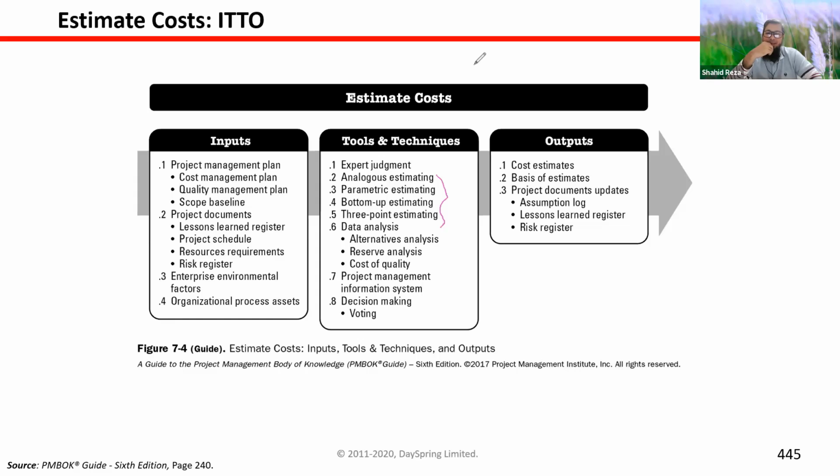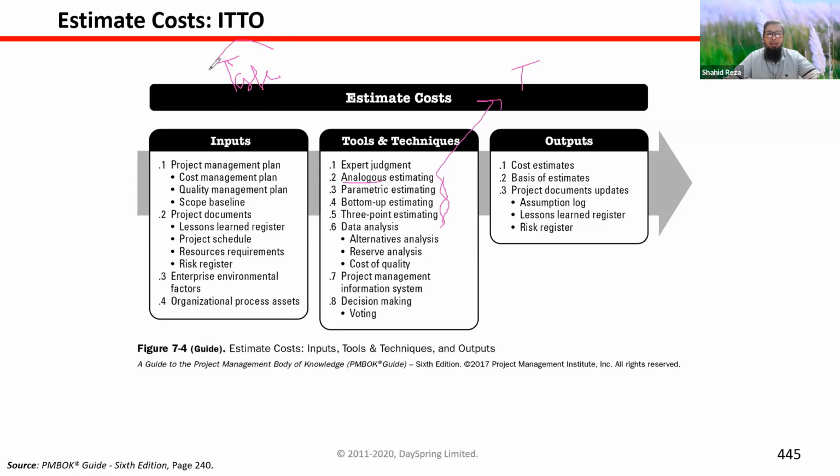So we explained in detail what analogous estimating is. We estimated in the schedule chapter, time. When you are estimating duration for any task, we used these techniques. So what is analogous? Analogous means using analogy, using reference from historical data.